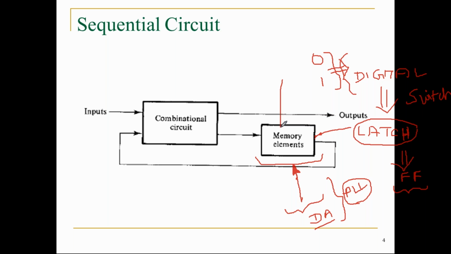Then now I am coming to this particular part, memory. Why these memory elements here? I already said to you, the sequential circuit depends not only on the present input, but also on the earlier response or the past response.